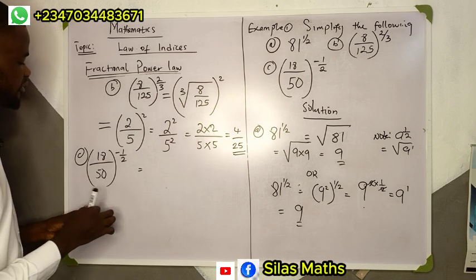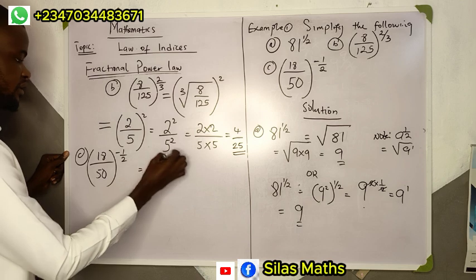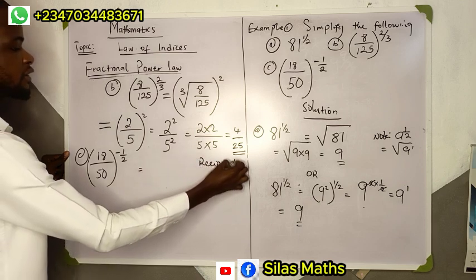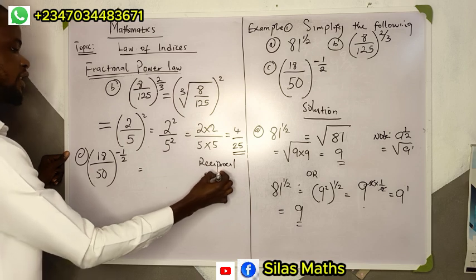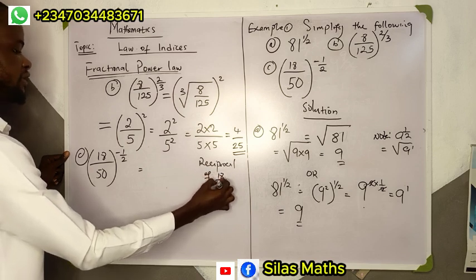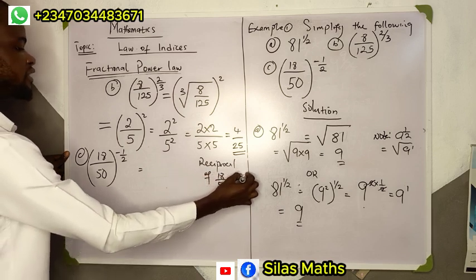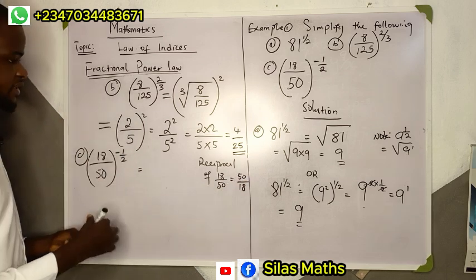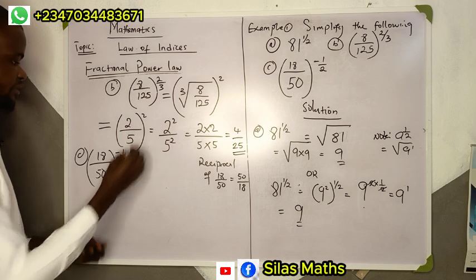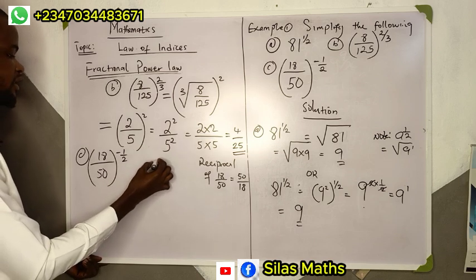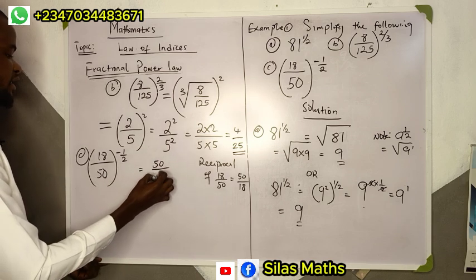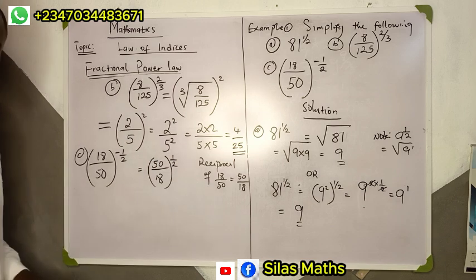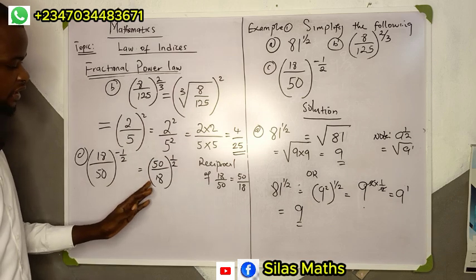So the reciprocal of 18 over 50 is 50 over 18. That's inverting it. So to remove this negative power, we have 50 over 18 all to the power of 1 over 2. So we succeeded in removing the negative.